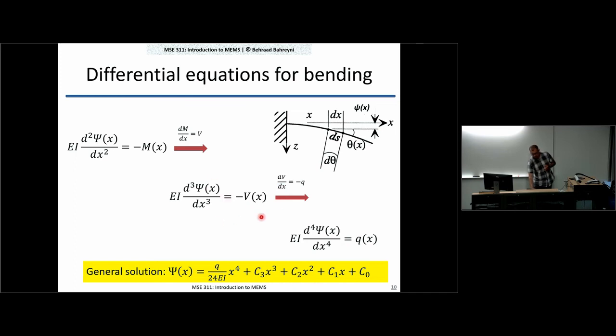If you have a shear force, you get a third order polynomial. If you have a moment, independent of x, you get a second order polynomial. We saw for our case the moment was dependent on x, so we get the third order polynomial. But in the most general situation, the order of the polynomial is 4.